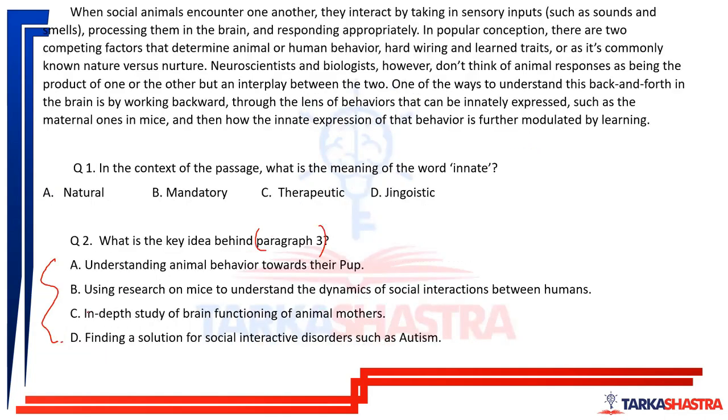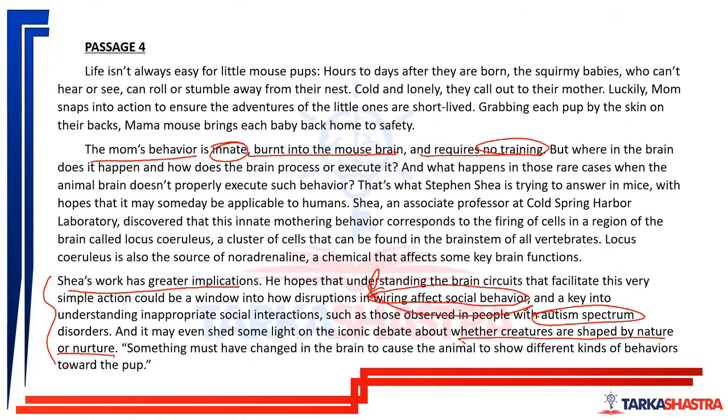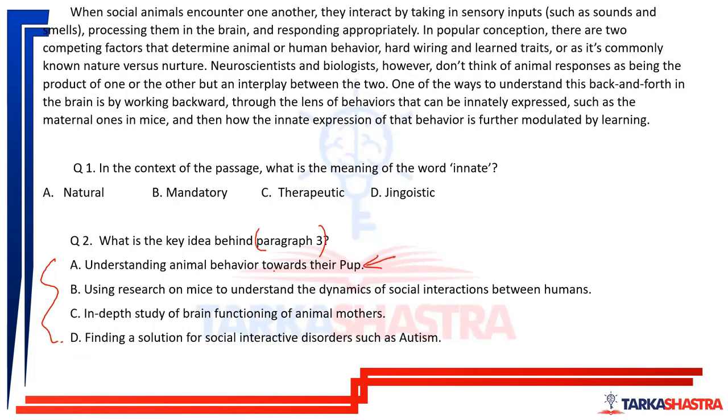So let's see. Understanding animal behavior towards their pup. This doesn't seem to be the key idea. No, it's not about animals and pups. It's about the brain in general. The idea in paragraph 3 is that understanding the behavior discussed in the first two paragraphs can help us understand the wiring of the brain and its behavior in social settings.